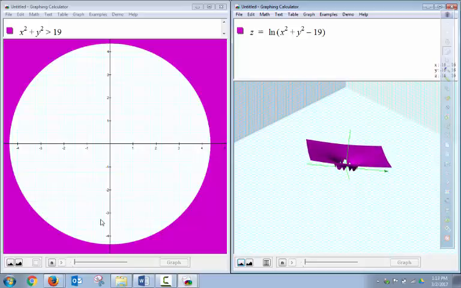It looks a little rough around the edges over here, but I think it smooths down, and it has an asymptote at a circle of radius square root of 19 around there. Yeah, you can think about it as a wormhole.